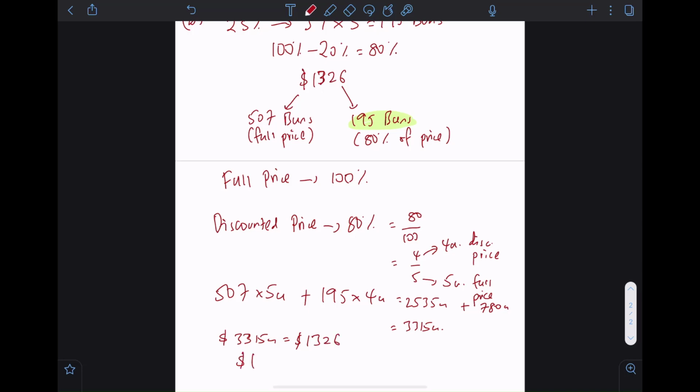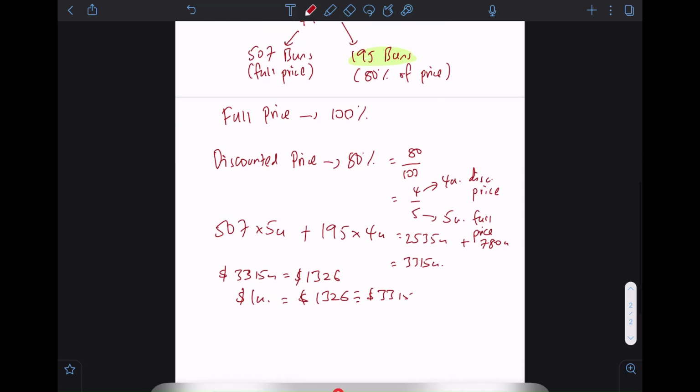So 1 unit of money, that will be 1326 divided by 3315, and that will be $0.40. That is just 1 unit of money. And remember, the discounted price is 4 units. So what's the total amount?